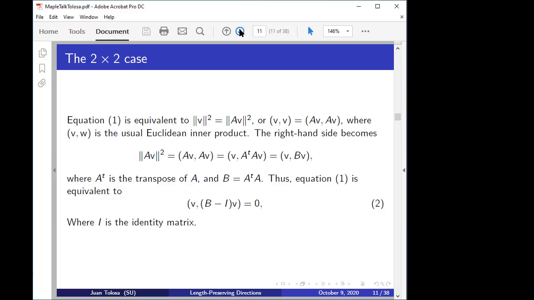When you write down the square of the norm and use the usual dot product, you will see that the square of this norm depends on the symmetric matrix B, which is A transpose times A. The corresponding equation for these vectors is given by this, which you can consider a quadratic form.